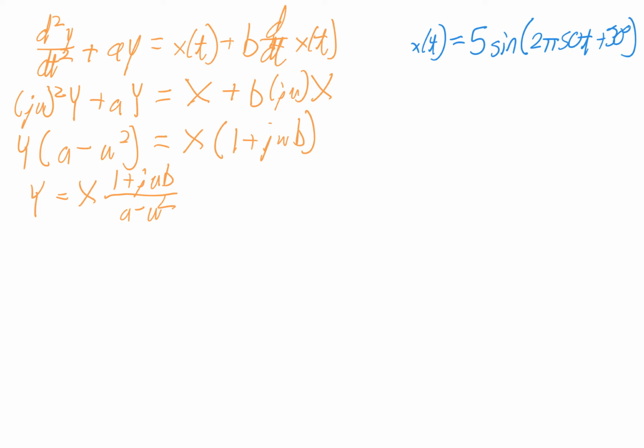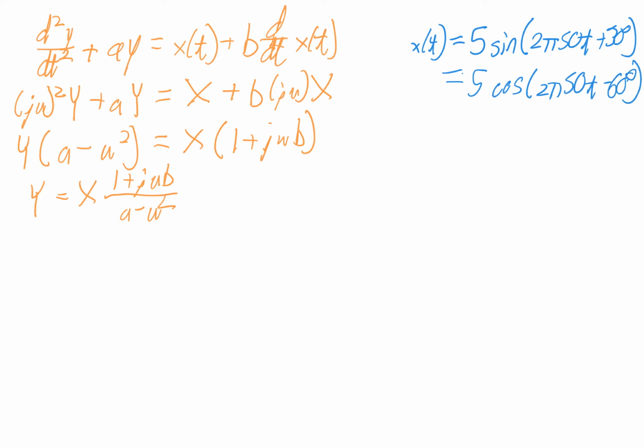And now we want to write that in phasor form. So the first thing we do is change it to a cosine. So we delay the phase by 90 degrees to get the cosine. So 5 cosine(2 pi 50 hertz times t minus 60 degrees).